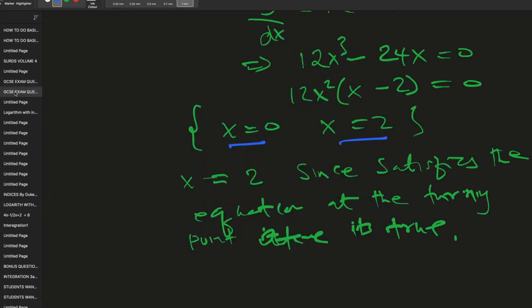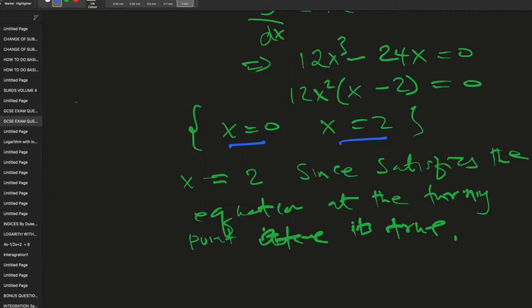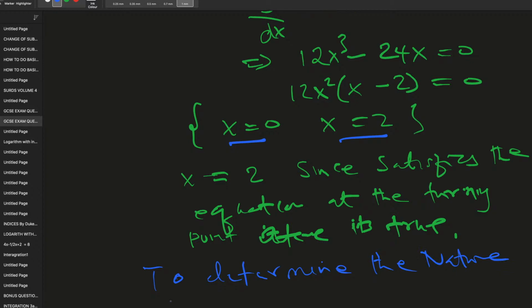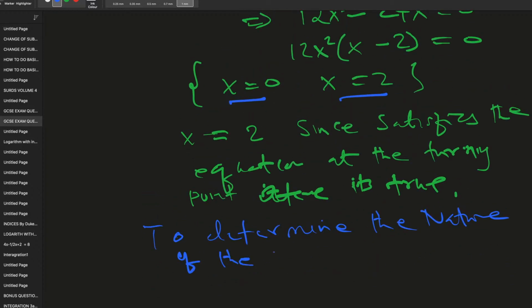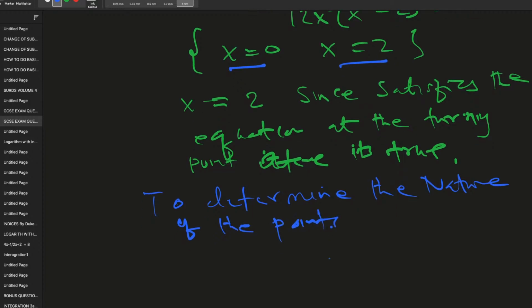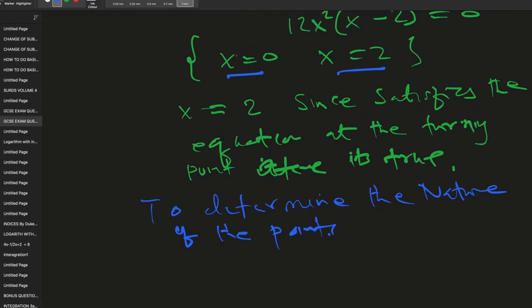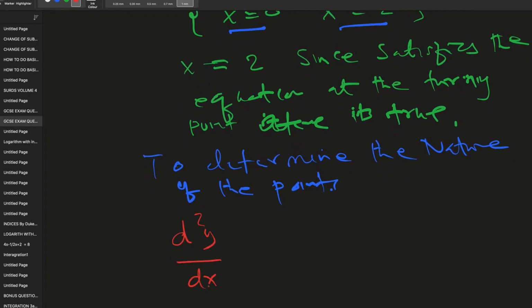So to determine the nature of the point, we say the second derivative, d squared y over ds squared, with the value when s equals 0.